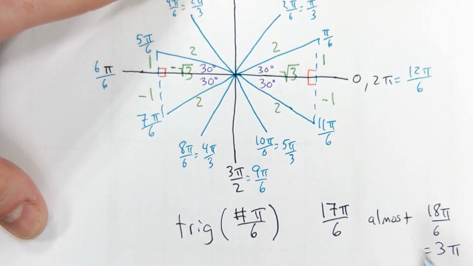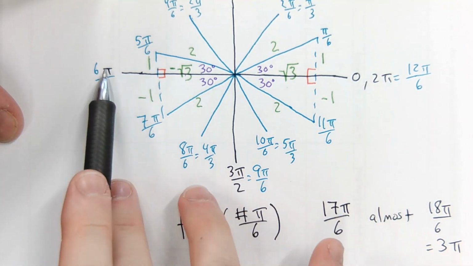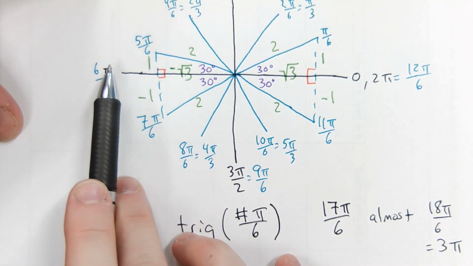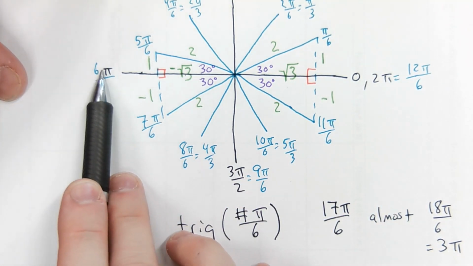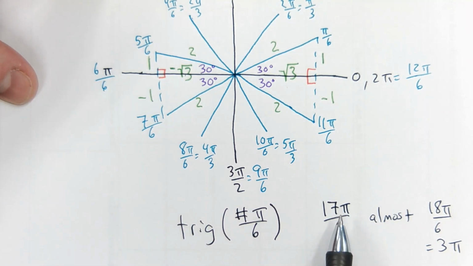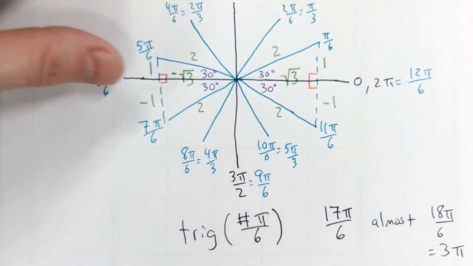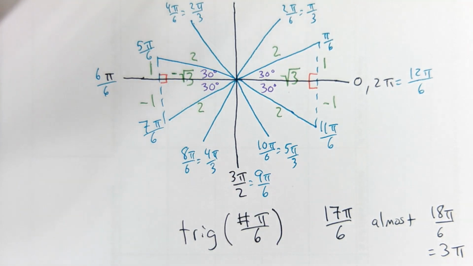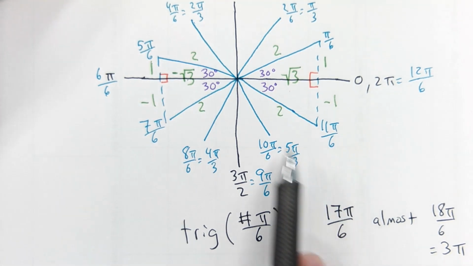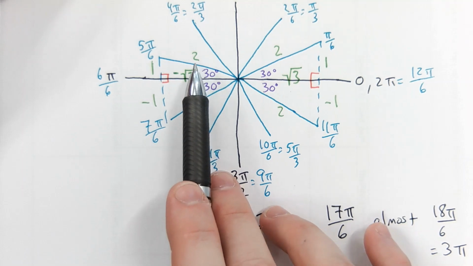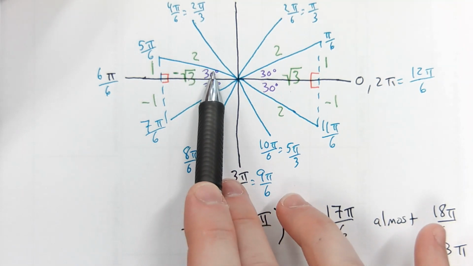Remember, if my even pi's are over here, my odd pi's, 1 pi, 3 pi, 5 pi's, are all happening on the left side. So this is a 30-degree angle before 3 pi, and I would draw that triangle. So if I wanted to do cosine here at 17 pi over 6, I would have drawn only quadrant 2 with only this 30-degree reference triangle in it.